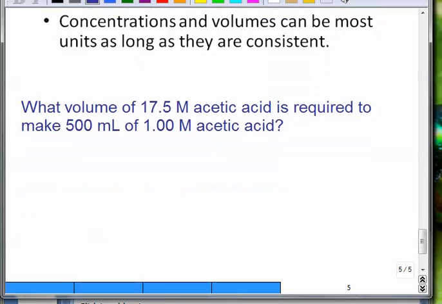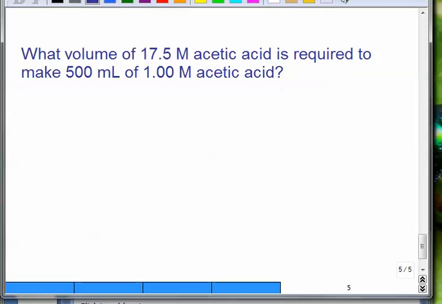Okay, so let's do a very quick example here. If I need to make a 1 molar solution of acetic acid, and I need 500 milliliters, or a half a liter of that, and I'm starting off with a stock solution of glacial acetic acid, which has a concentration of 17.5 molar.